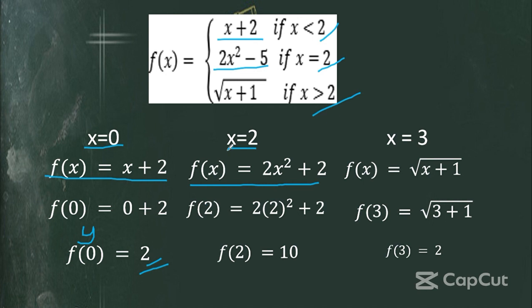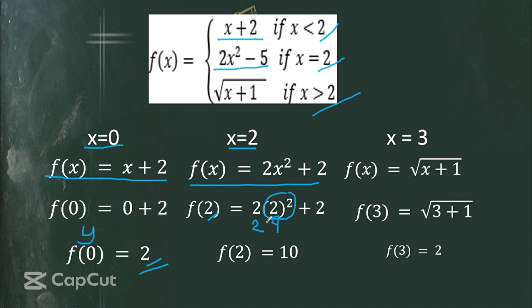Again, substitute the value of x, which is 2. Then follow grouping symbols, exponent, multiplication, division, addition, and subtraction. So, let's do first the exponent. 2 squared equal to 4.